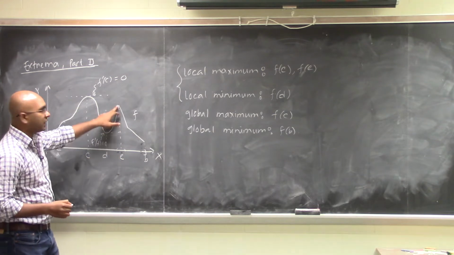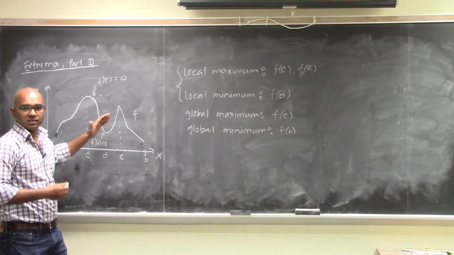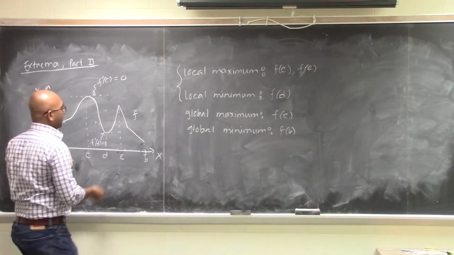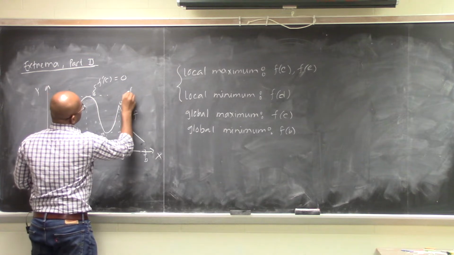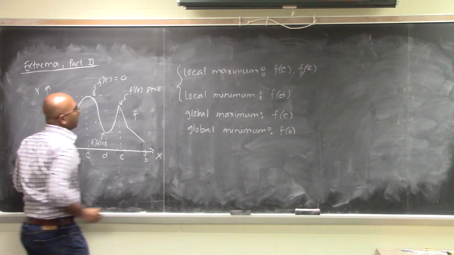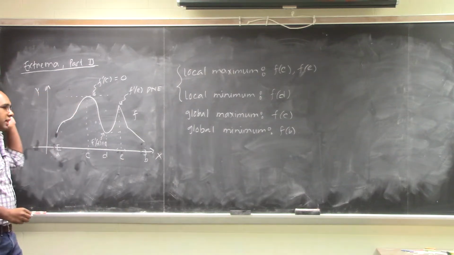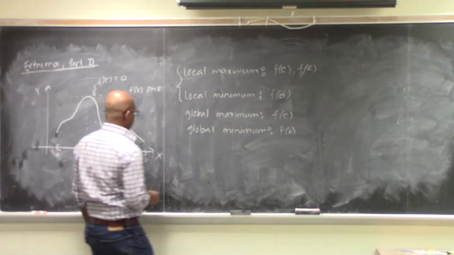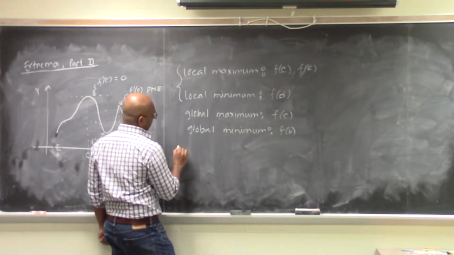But at e, there is no unique tangent. There are two different tangent directions, right? In other words, f prime of e does not exist. Okay, so that became our definition of critical number. So, definition, this is from last time.